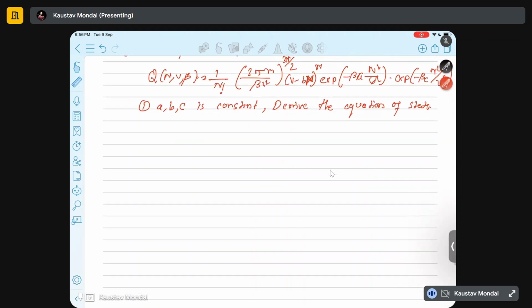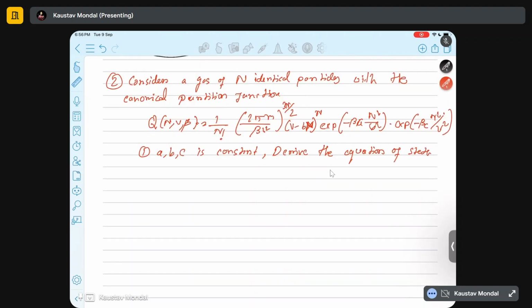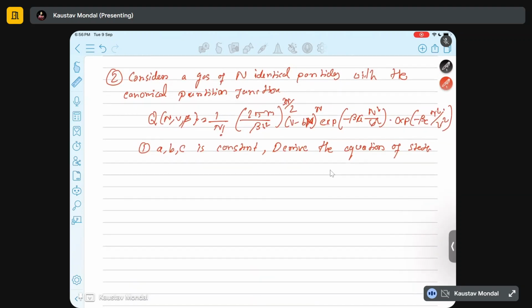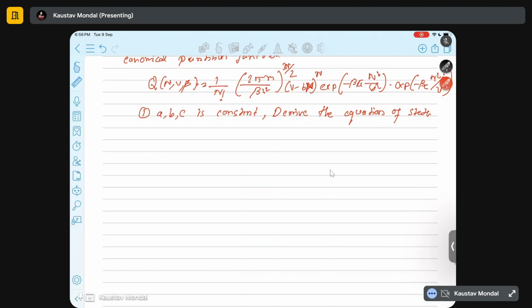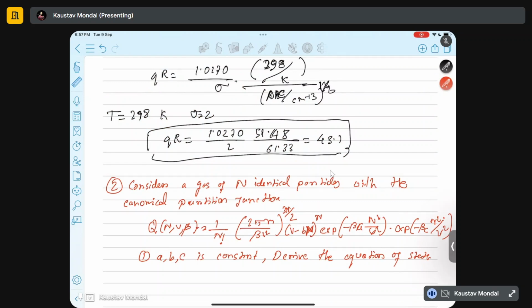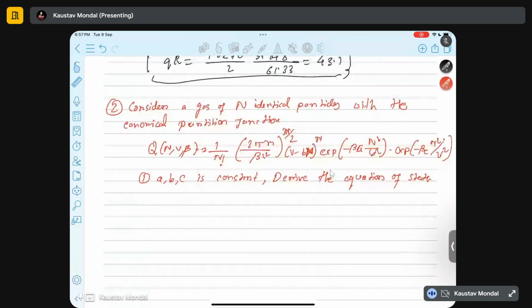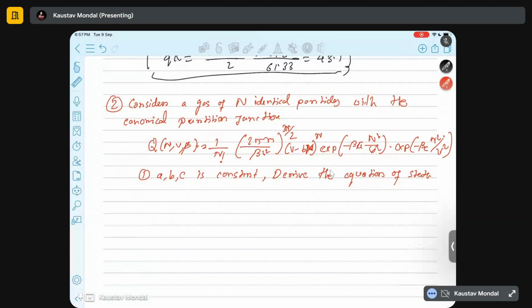So first, the canonical partition function is given, and from here we basically calculate the equation of state. For that, the first thing we will do is write this partition function in terms of log, because you can see a lot of powers are involved.